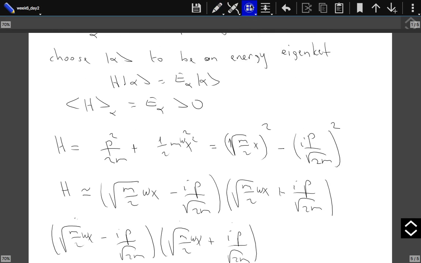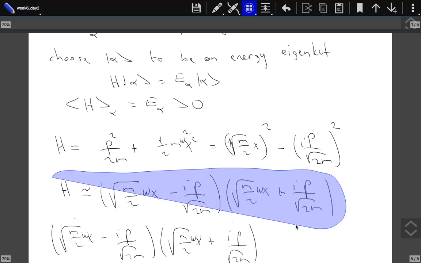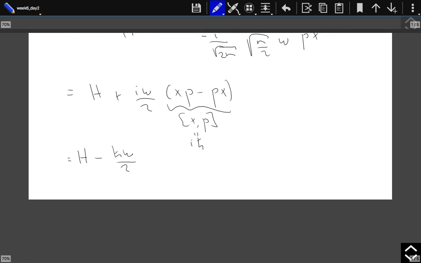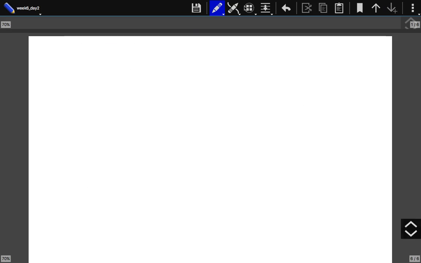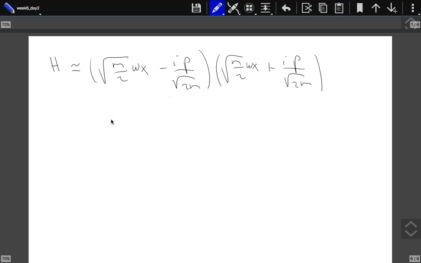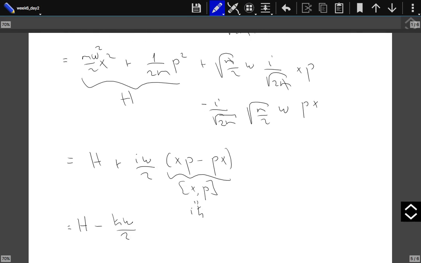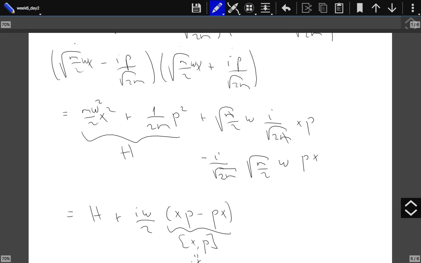So you see, now we have this additional term. The Hamiltonian is equal to this product plus h bar omega over 2. You see, I factorized it, but factorization assumes that those factors are commuting.